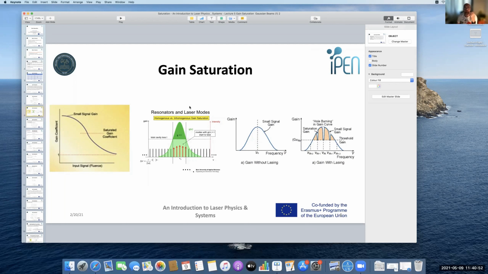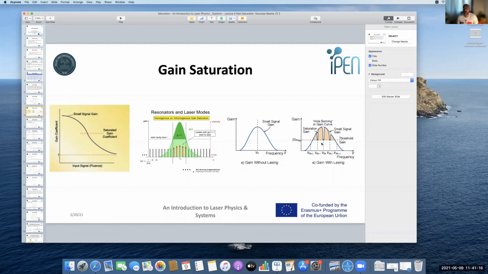Okay? So now moving towards this curve here, you can see my mouse now. You can see that the saturation happens at specific frequencies, in this frequency, in this frequency, or in this frequency. This is the case of a non-homogeneous broadening system.